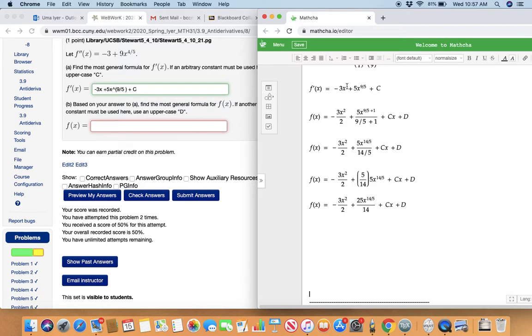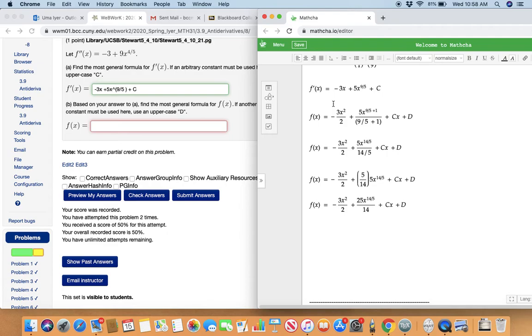To take the antiderivative, you increase the power by 1 and divide by the new power. So negative 3x squared over 2 plus 5, increase the power by 1 and divide by the new power. All right, I better put that in parentheses so that there is no confusion, right?